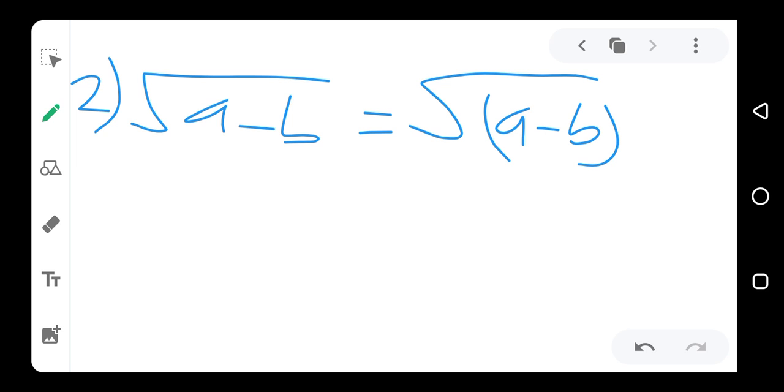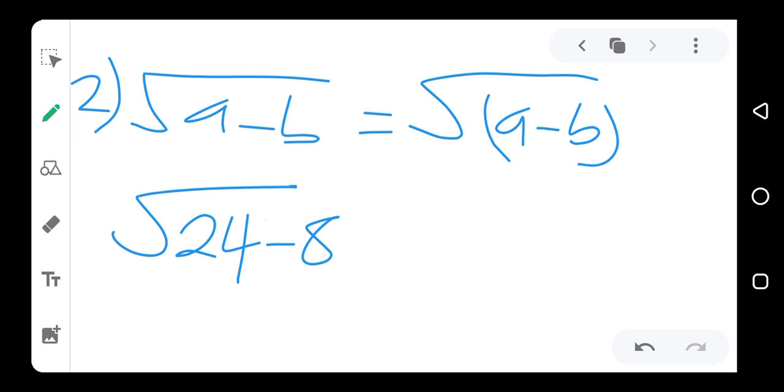Example, if we have root of 28 minus 8, this is going to give us root.